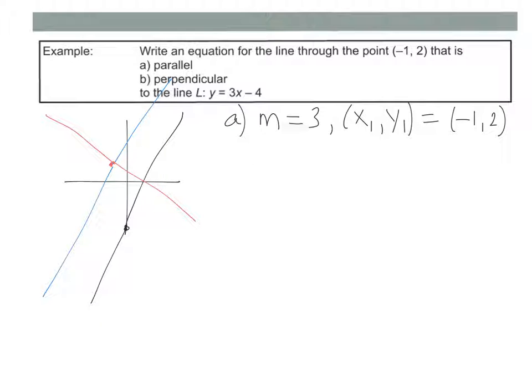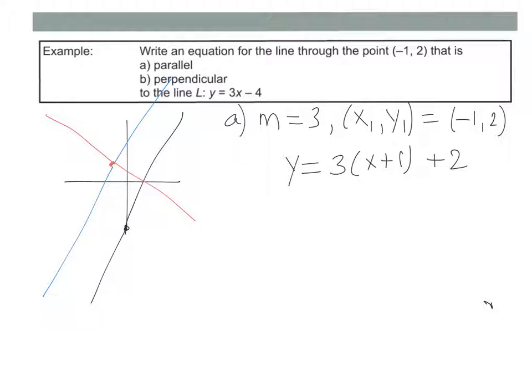So my equation is y equals 3x plus 1, because it's the opposite, plus 2. That's it. That's the whole equation, Conrad.